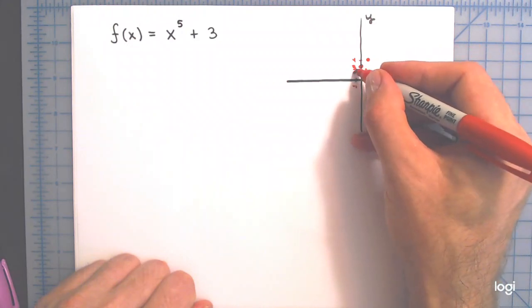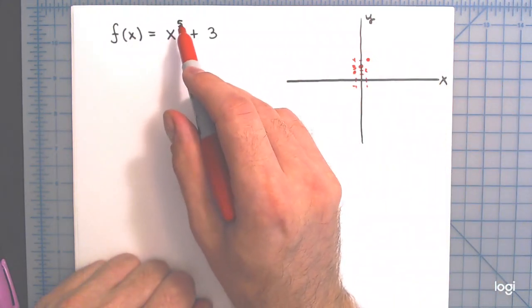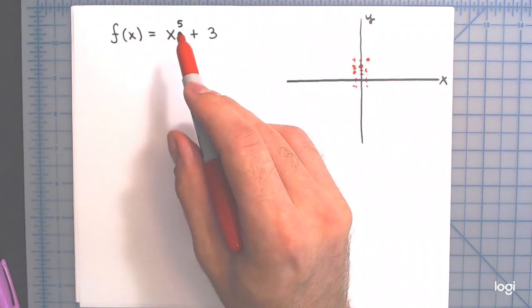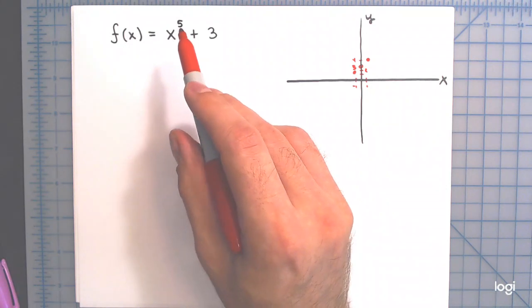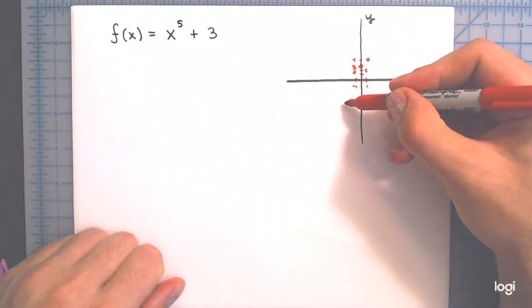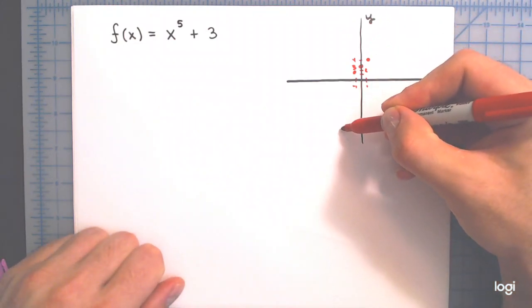And being a fifth power, if you remember your power functions, y equals x to the first, x to the second, x to the third, it's like an odd power function. X to the first, x to the third, x to the fifth. So it's going to have this weird kind of S snaky shape.